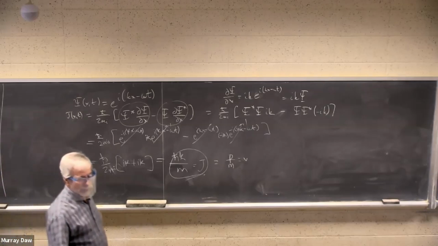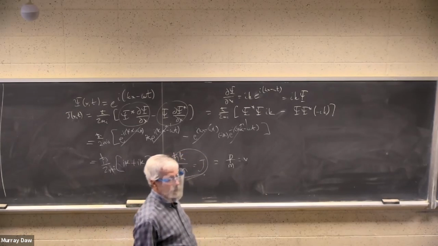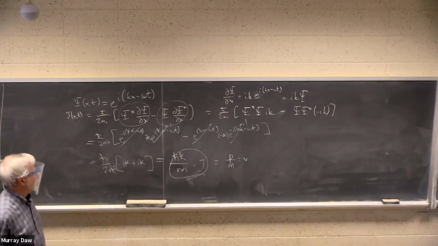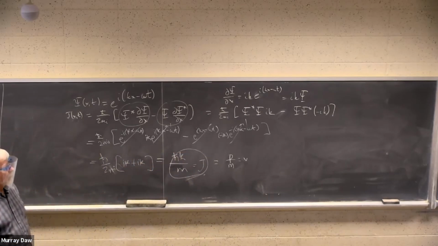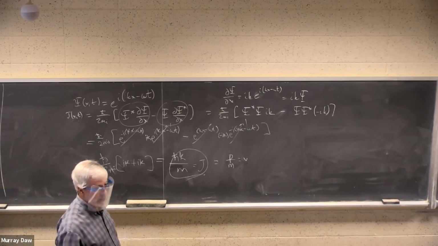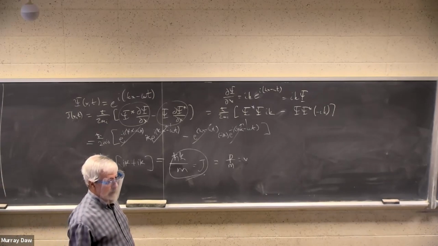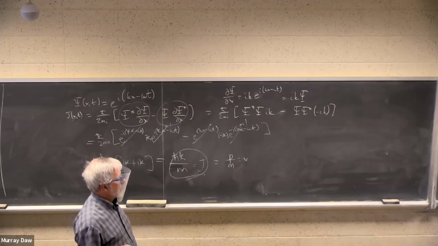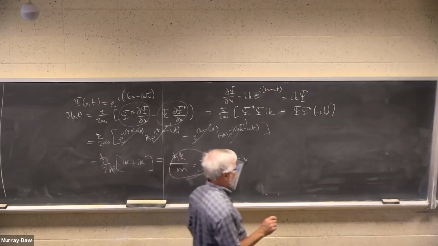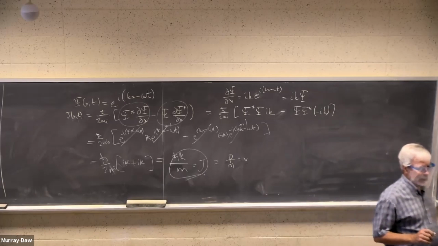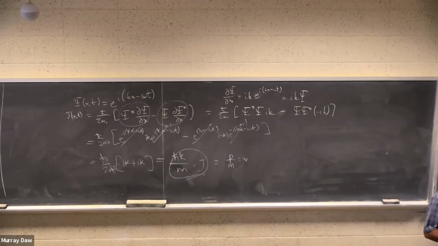It's not particularly hard. Yes, sir. So the derivative of the complex conjugate of a function is the same thing as the complex conjugate of the derivative of the function. Careful.